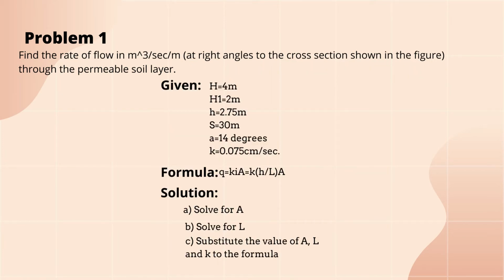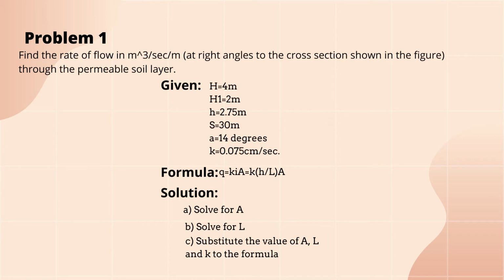H is equal to 4 meters, H1 is equal to 2 meters, h is equal to 2.75 meters, S is equal to 30 meters, alpha is equal to 14 degrees, and k is equal to 0.075 centimeters per second.